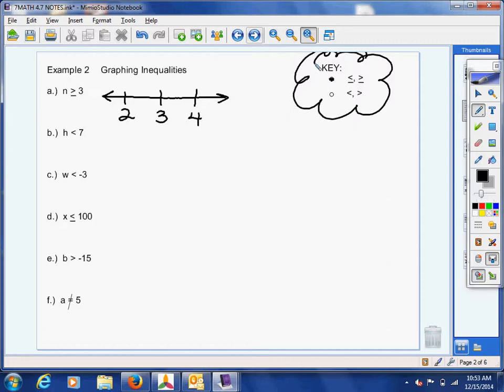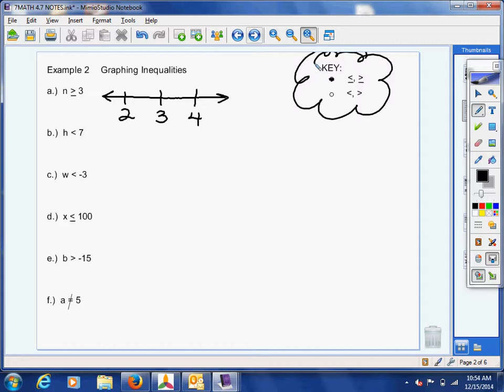So, all right, notice that we have greater than or equal to. If you have an equal to sign, you're going to do a filled in circle. Filled in. What that says is that the number that dot is on top of is part of the answer, and it'll make it true. But if you don't see an equal to sign, like in letter B, see where it says just h is less than 7?